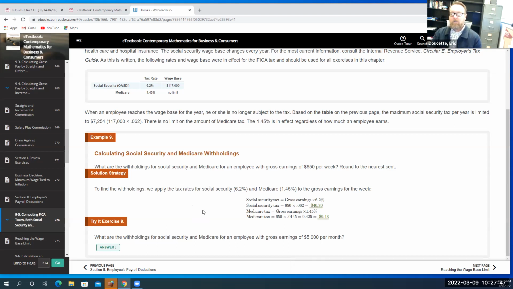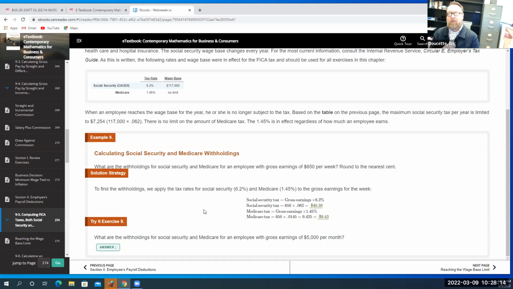The only little catch with that is sometimes there is a cap to some of these things. If you make a certain amount of money, you don't have to pay any more tax on it. So just be aware that if it's asking for your total annual income, and then it's giving you your latest paycheck, and your latest paycheck actually causes you to exceed that cap, then you can only be taxed on the amount that's less than the cap.